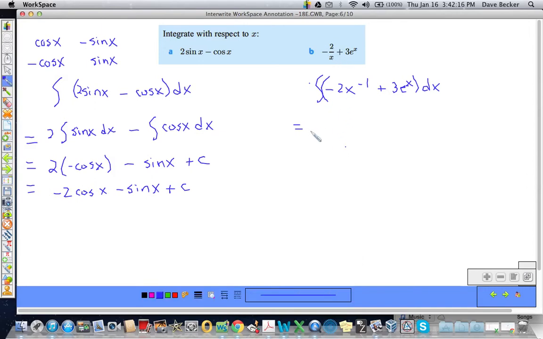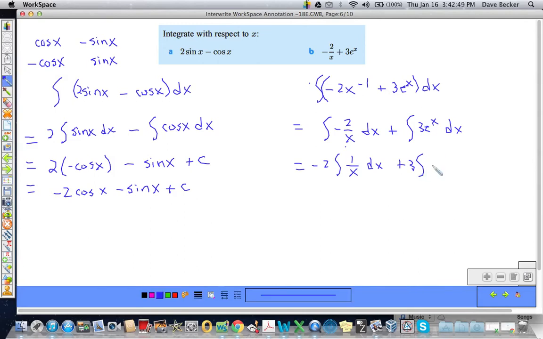I'm going to write this as the integral of negative 2 over x dx plus the integral of 3e to the x dx. And hopefully you'll begin to recognize anything over x I'm going to rewrite as 1 over x. Otherwise, we will always run into this problem. Dx plus the integral of 3e, well, I'll put the 3 out in front.